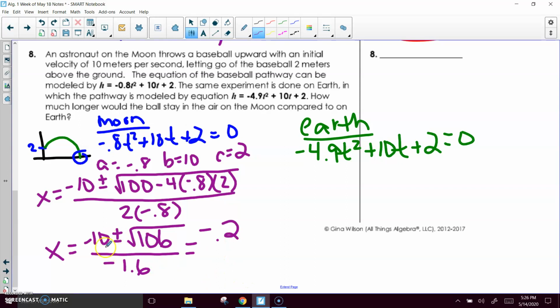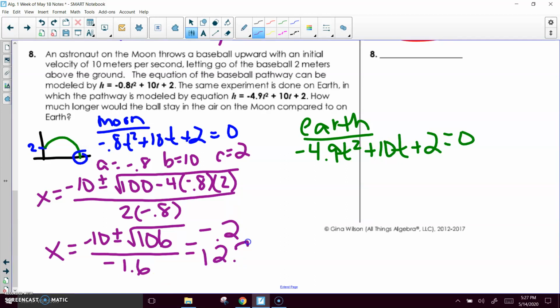Now let's do our other answer. Negative 10 minus the square root of 106, hit equals, then divide by negative 1.6.